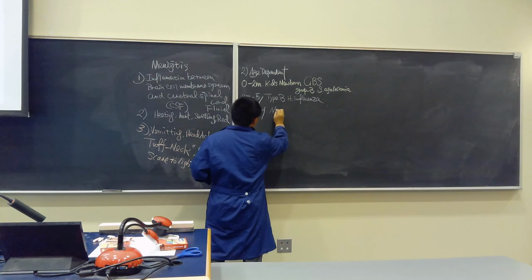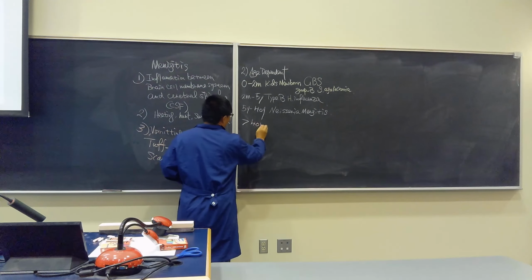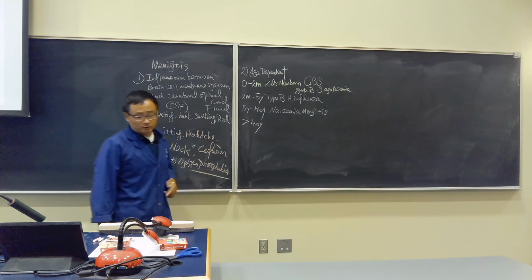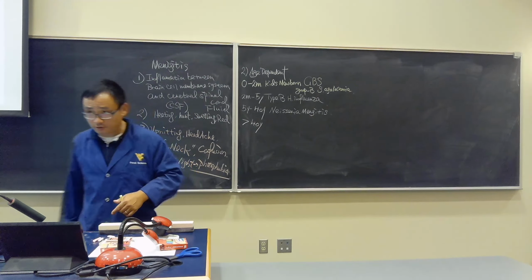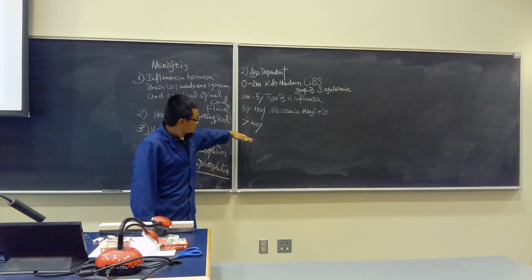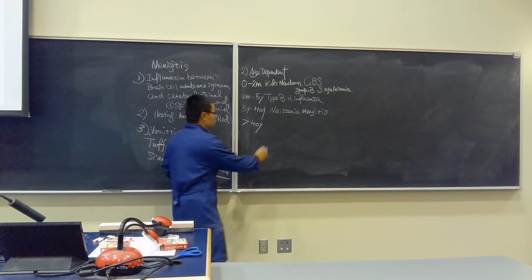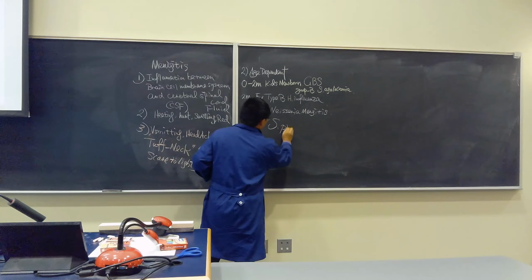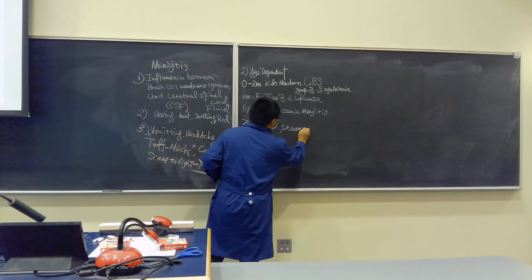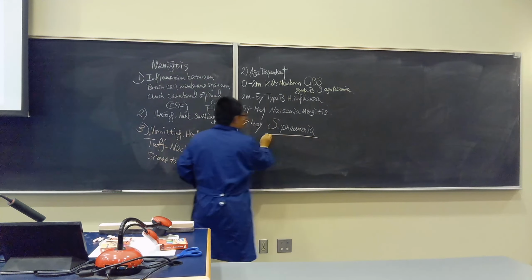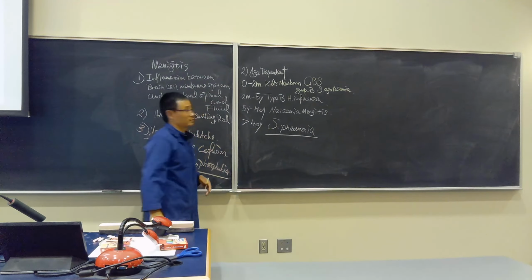How about older people? WHO defined people more than 40 years old as older people. So I'm 42 years old, I'm defined as older people, although I look very young, but it doesn't matter. So Streptococcus pneumoniae is a major pathogen for meningitis.